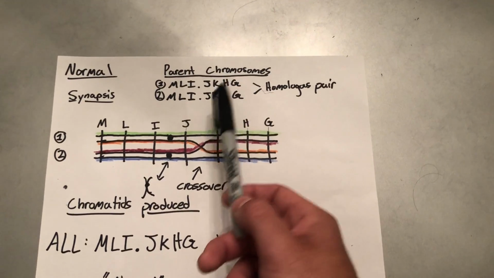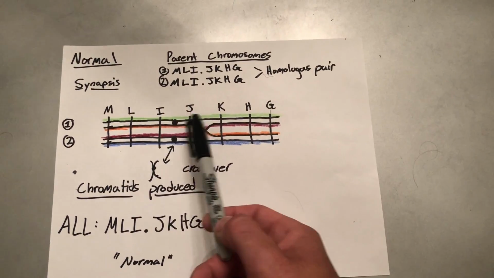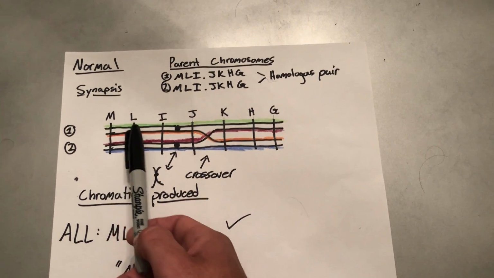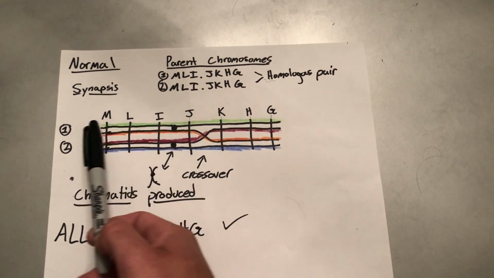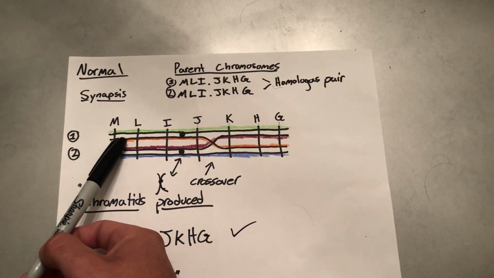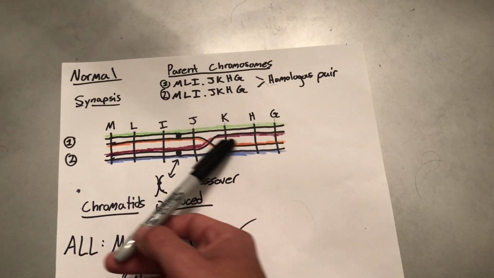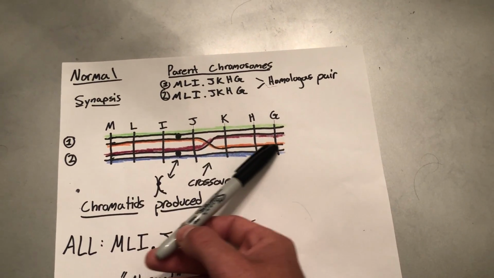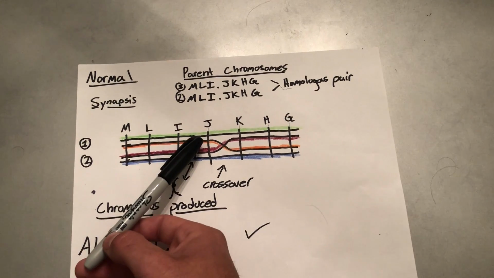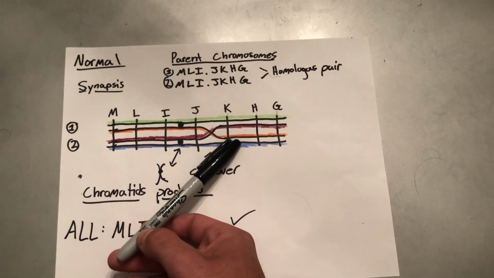Now when we have a homologous pair, two identical chromosomes, it doesn't matter where it crosses over. As you can see on the top with our green band, that's what the normal parent is going to look like. And when its sister chromatid crosses over while the two chromosomes are fusing in bivalent form, you can see that it follows this path, but since they're homologous pairs, it's going to have the same outcome.